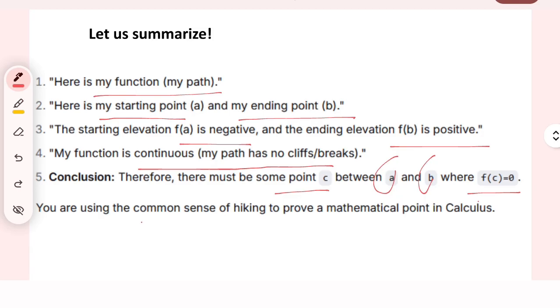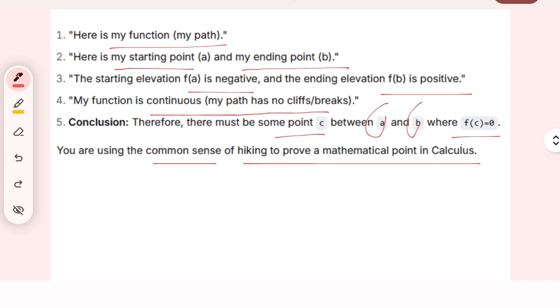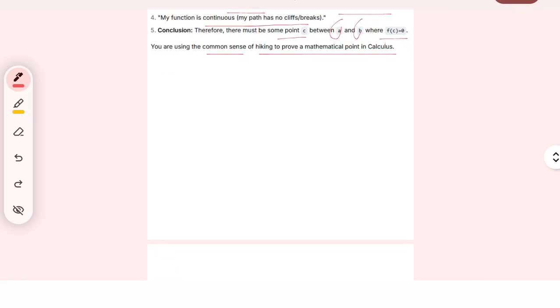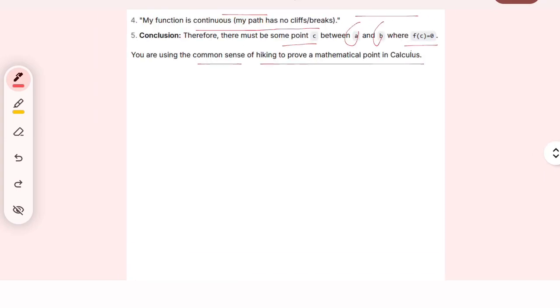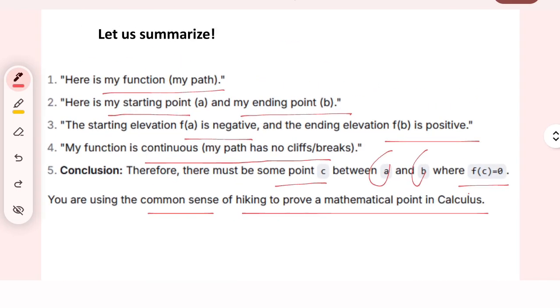So we are using the common sense of hiking to prove a mathematical point of calculus. I hope you understand that. That is basically the idea of the intermediate value theorem, right?